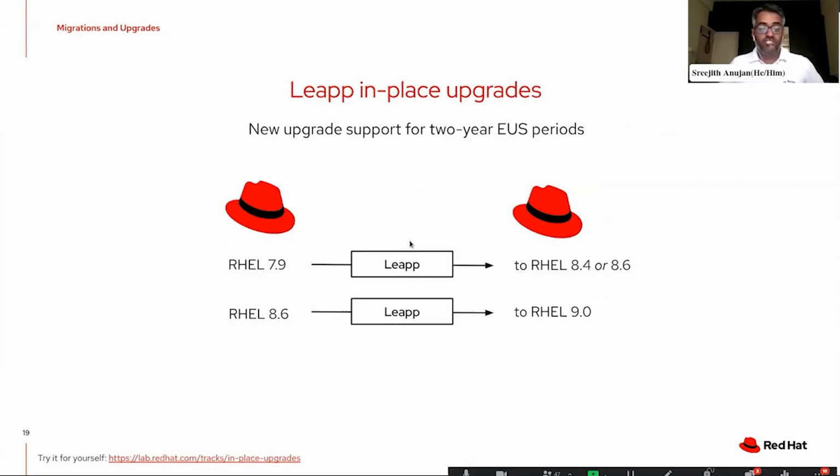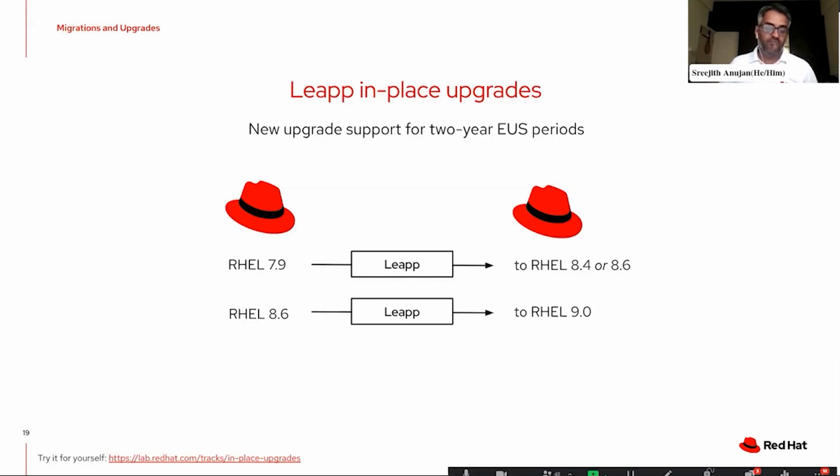Another thing, it's not just about migrating from one non-RHEL version to a RHEL version. You also need to plan your upgrades, right? How do you upgrade from RHEL 7 to RHEL 8, or RHEL 8 to RHEL 9? We have a tool called Leapp, L-E-A-P, Leapp, which will help you do an in-place upgrade from an earlier version of RHEL to the newer version.